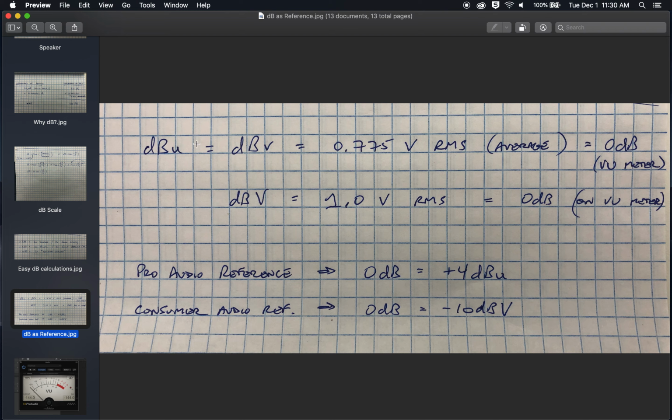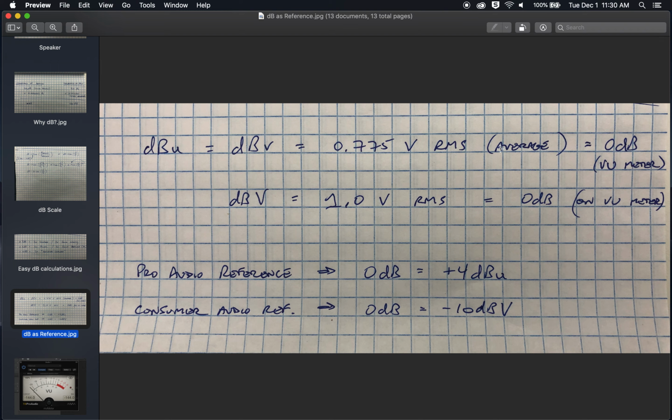you'll see sometimes different meterings, and they're again just reference points, different standards that things use. You'll see dBu with a lowercase u. It's really interchangeable with dBV when we have a lowercase v.